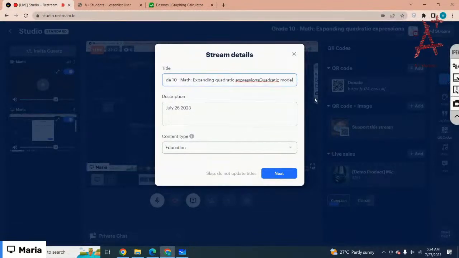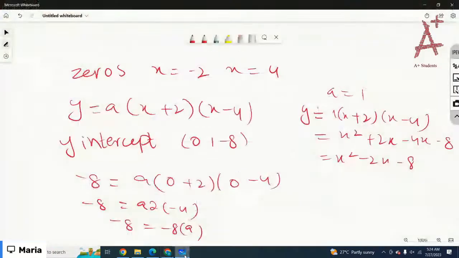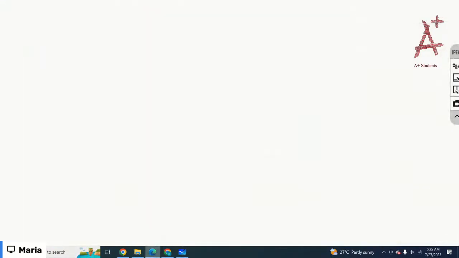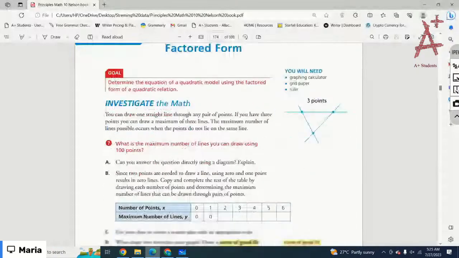Quadratic models using factored form. Okay, so let's just start with 3.5.